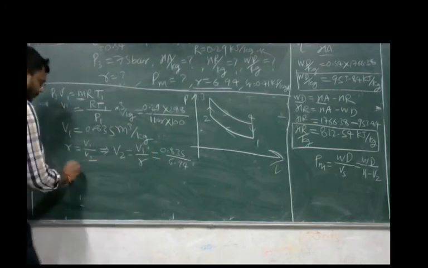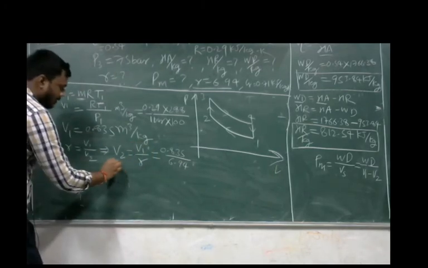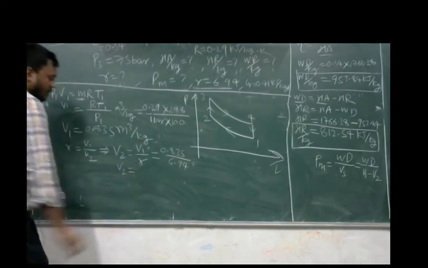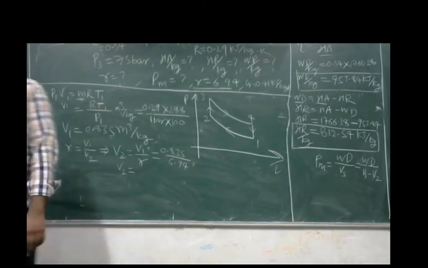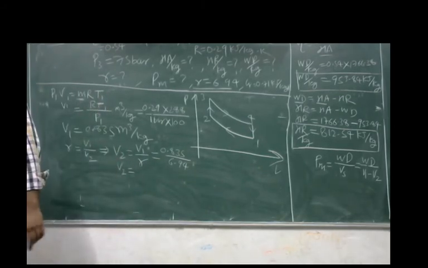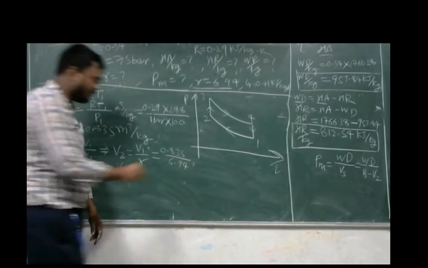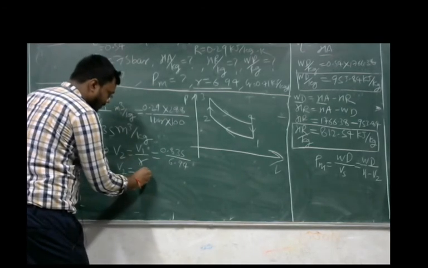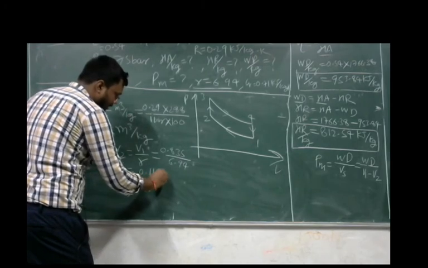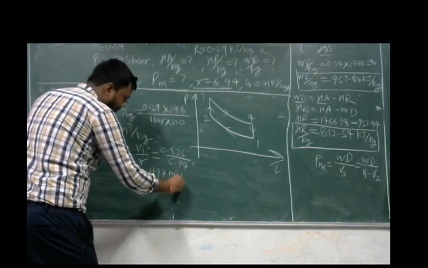So we get the value of V2 equal to 0.1197 meter cube per kg.